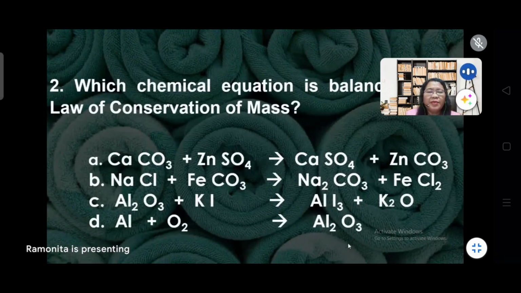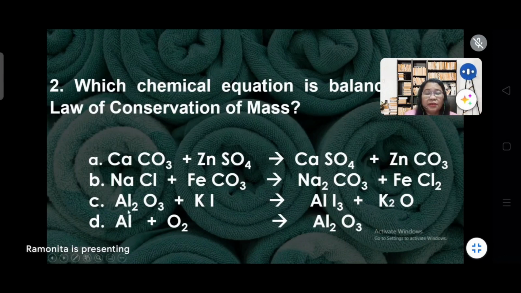Which chemical equation is balanced using the law of conservation of mass? A. Calcium carbonates and zinc sulfate produce calcium sulfate and zinc carbonate. B. Sodium chloride and iron carbonate produce sodium carbonate and ferrous chloride.